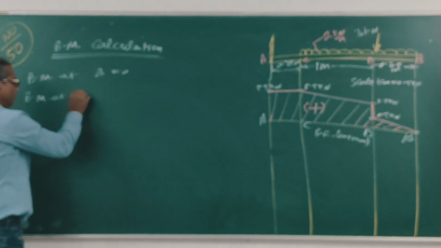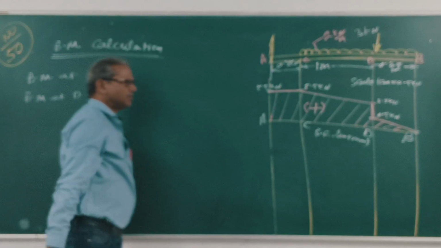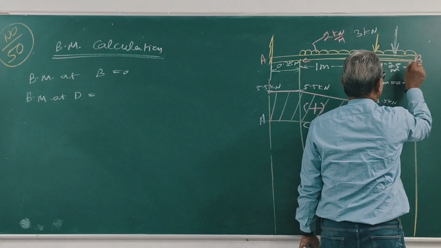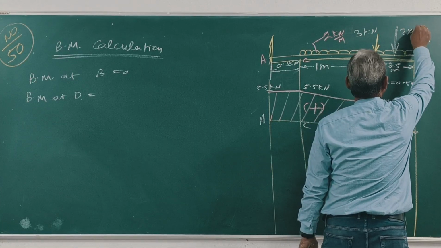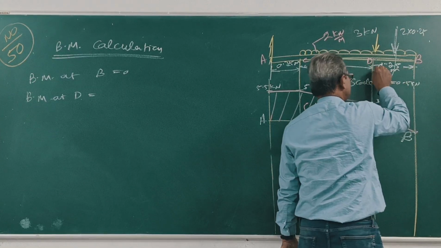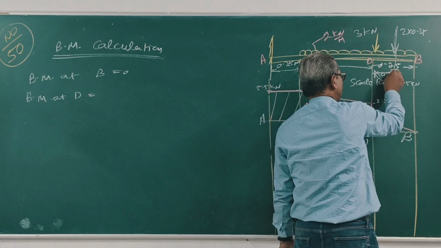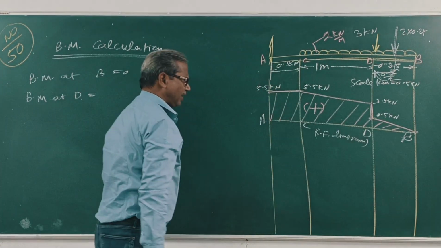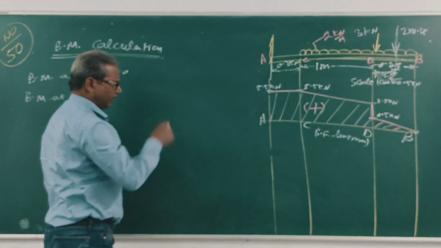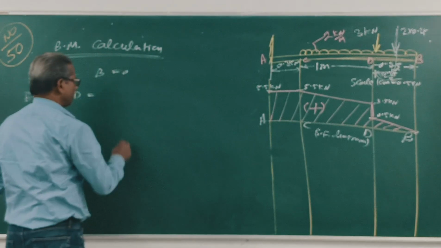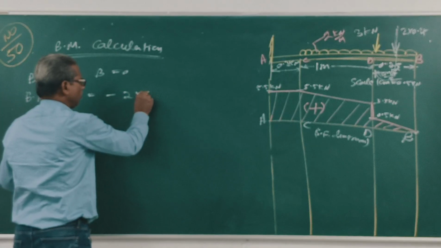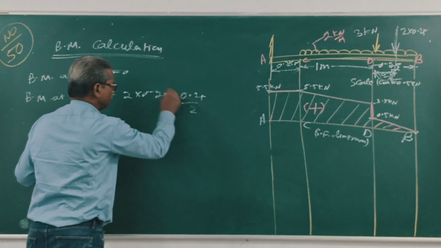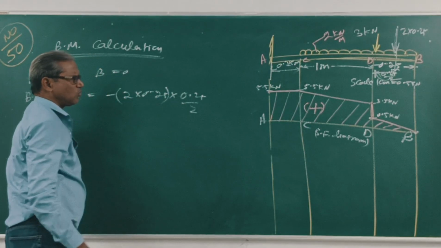BM at D. From B to D, the load is 2 into 0.25, acting at 0.25 by 2. The sign is negative, downward, anticlockwise. So minus 2 into 0.25 into 0.25 by 2, that is, x into x by 2.